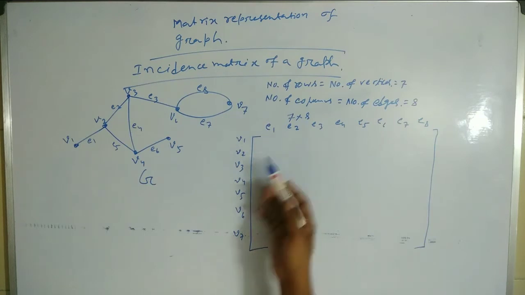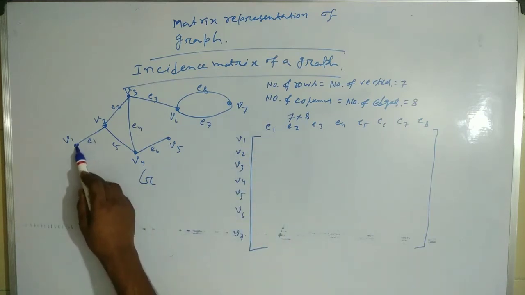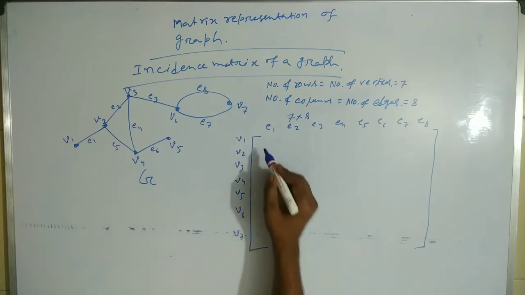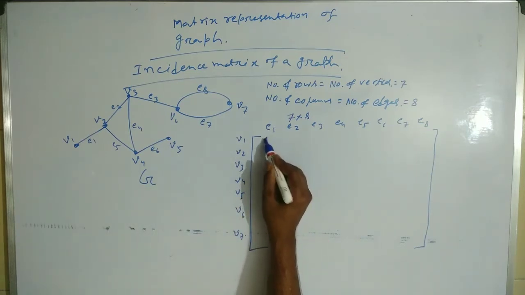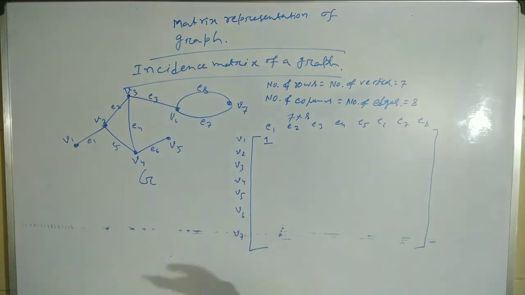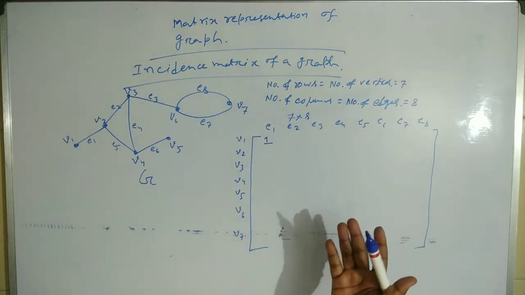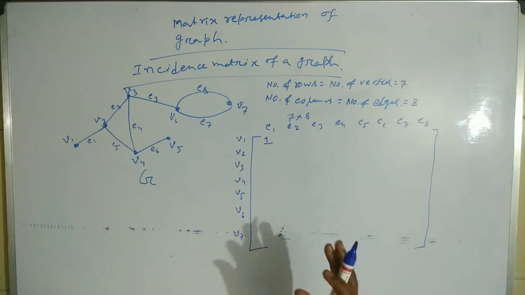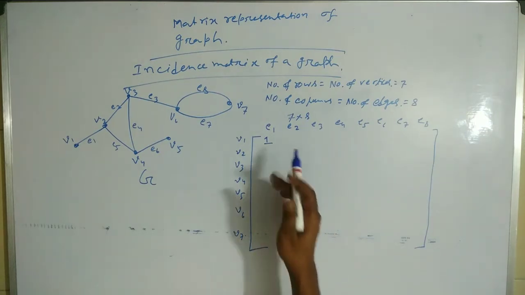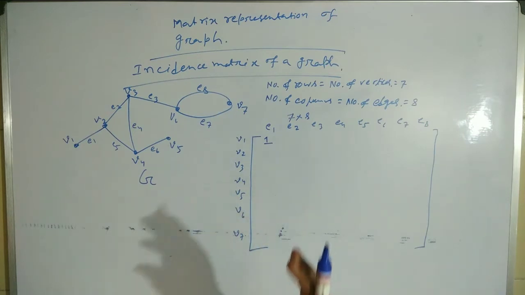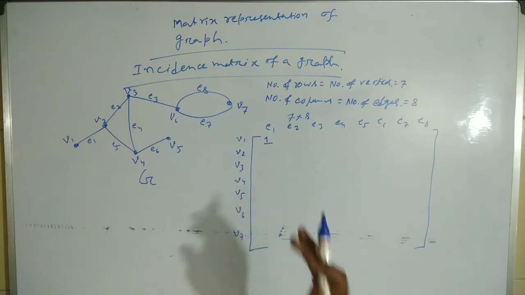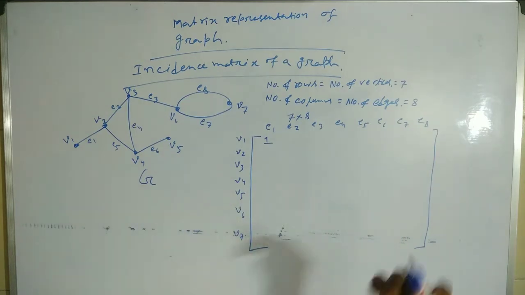Now see that E1 is adjacent with V1. Okay? So the element will be 1. If E1 were not adjacent with V1, then the element would be 0. If the edge is adjacent with the vertex, then the element will be 1, otherwise it will be 0.